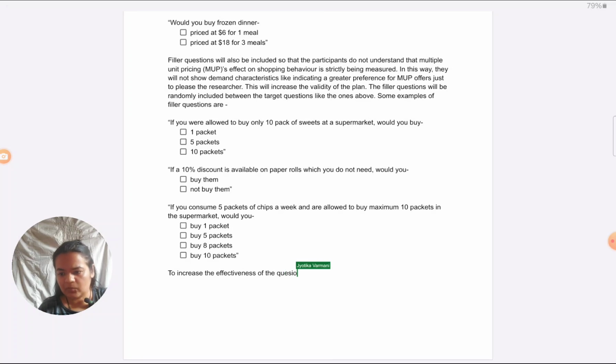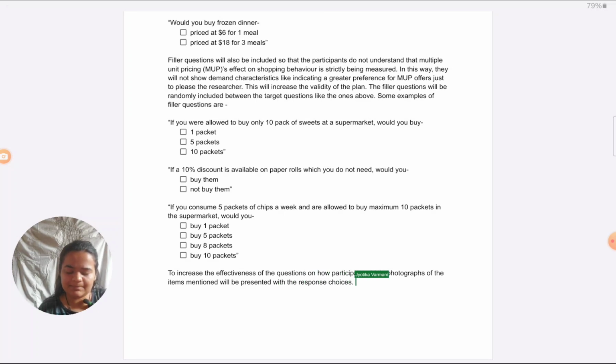questions on how participants think, photographs of the items mentioned will be presented with the response choices.